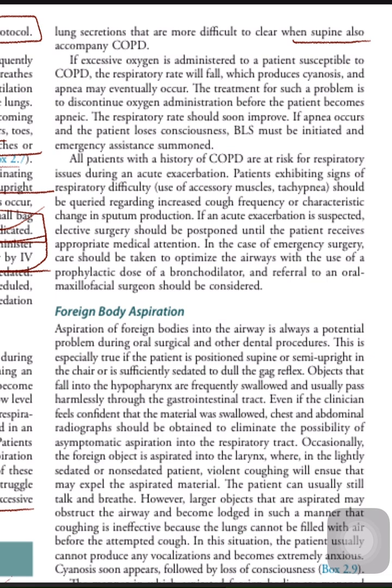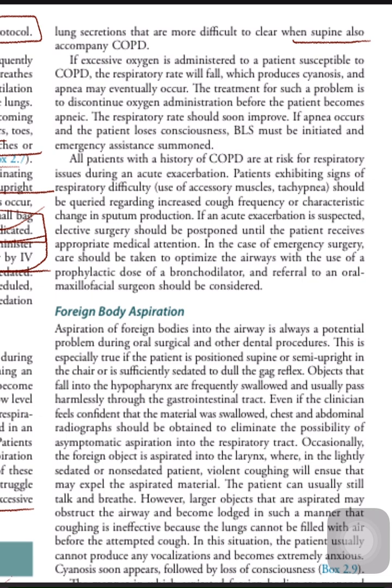We have to monitor the sputum too and see whether there is a change in sputum or not. For emergency surgery, give a bronchodilator prophylactically and consider referring to an OMS specialist. If the patient becomes apneic and you stop oxygen, start BLS and call emergency help. So that's how it is.